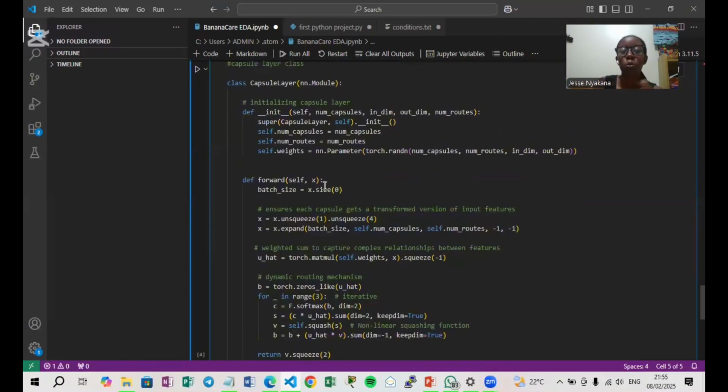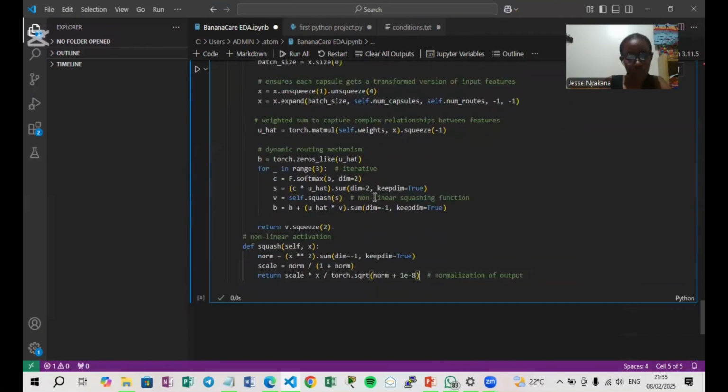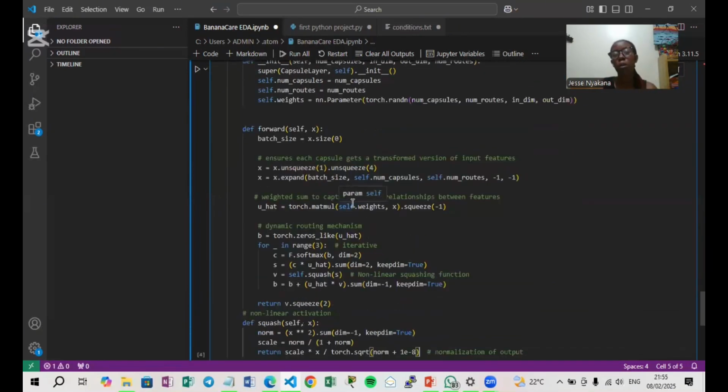But let's assume we were to put the correct inputs here, what this code would return would be a batch of capsule vectors where each capsule vector represents a high-level feature of a diseased plant, for example, yellowing or streaking.